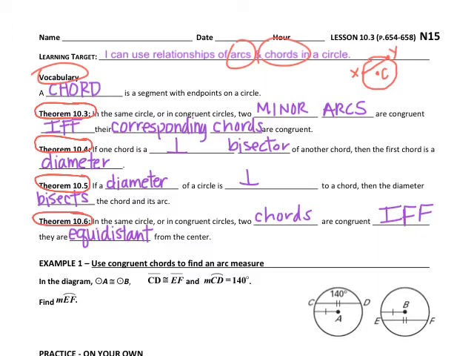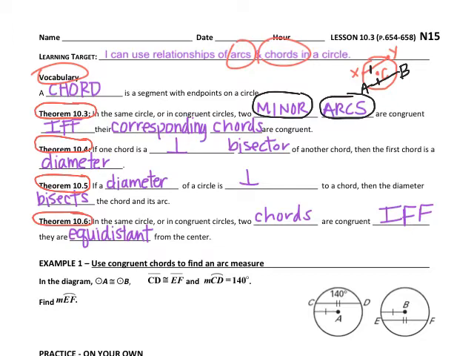Theorem 10.3 says in the same circle or in congruent circles, two minor arcs are congruent if and only if their corresponding chords are congruent. So if the chord XY is congruent to another chord, let's call it AB, then that means the two minor arcs, that's the part of the circle, the circumference, are congruent.